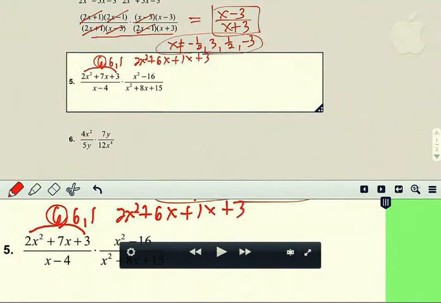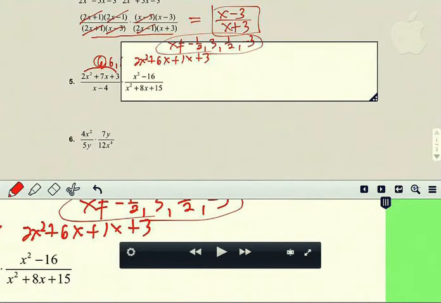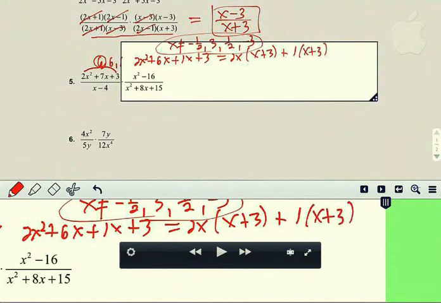If you take out 2x out of the first two terms, you would have 2x times x plus 3. Take a 1 out of the last two terms, you would have x plus 3. So the top will factor x plus 3 times 2x plus 1.